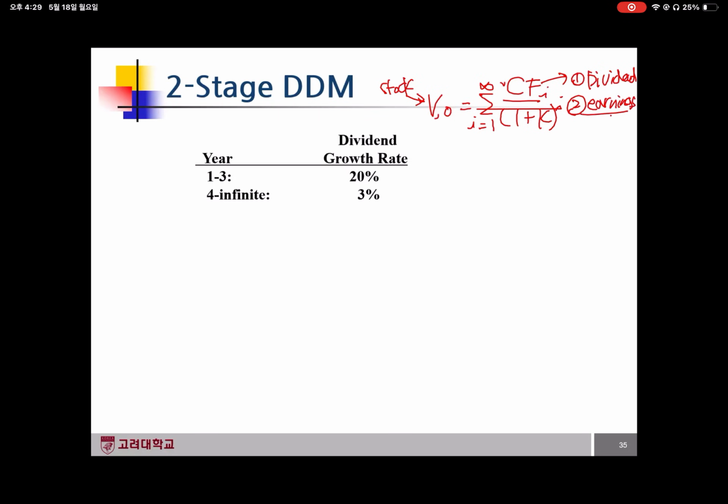But these earnings are an accounting concept. In finance, we measure earnings on a cash flow basis, such as free cash flow to the firm or the operating cash flows. Anyway, we're doing the dividend discount model, so we assume the cash flow is the dividend.